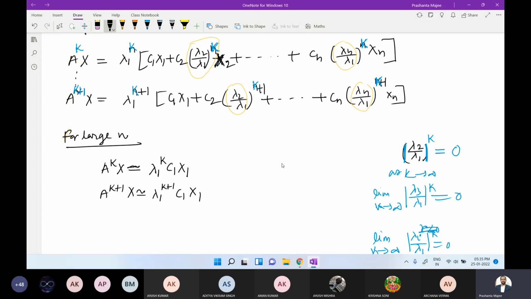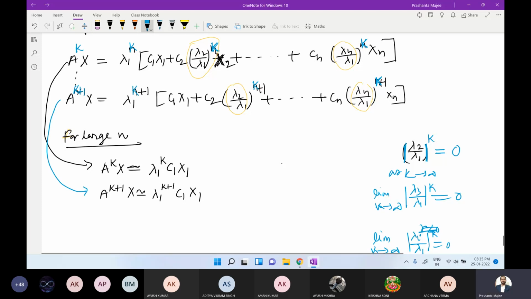Is it okay? This line will be giving you this, and this line will be giving you this. Is it okay? For large k, not n, for large k. Yes or no?